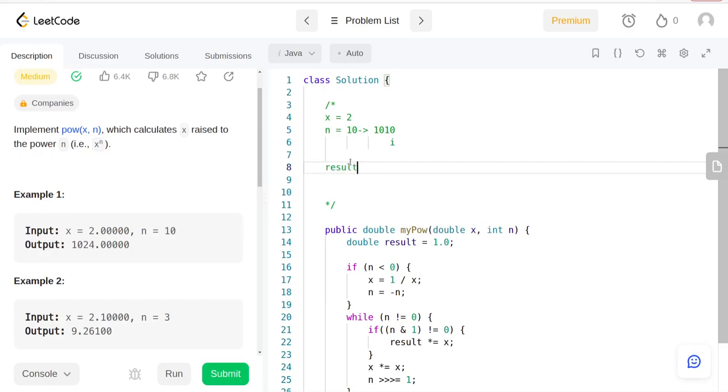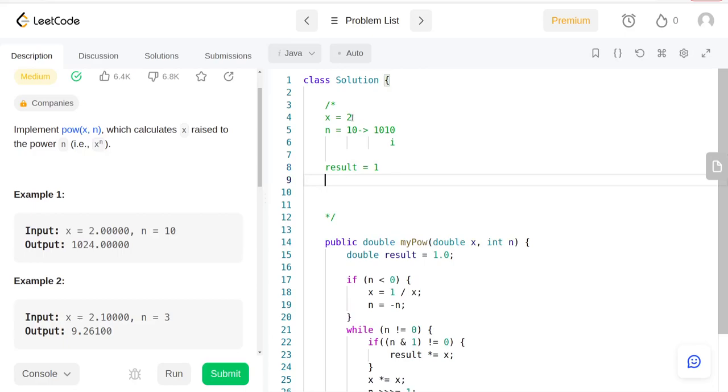The result is going to start from 1, and every single time you look at the binary representation of n, for every single digit we're going to keep multiplying x with itself.